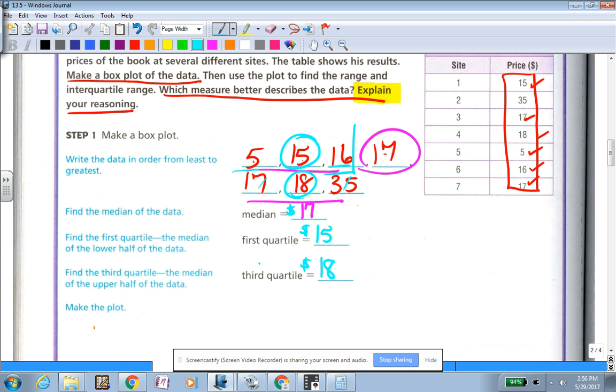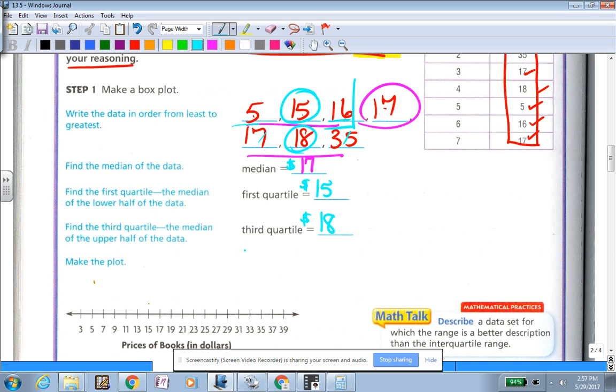And now we need to make a box plot. Well, our five-number summary starts with our minimum value of 5. Let me make sure I put min, and I'm going to put 5. Now, our next one is our Q1, our first quartile, which would be 15. Let me do my line.